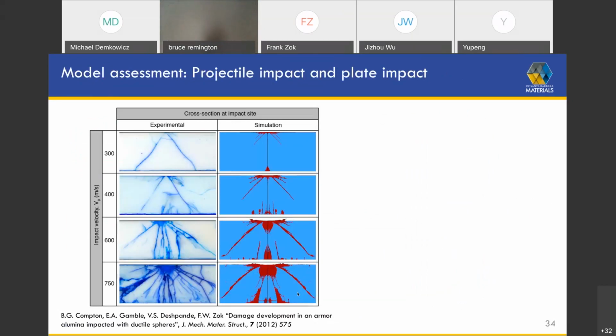Now, interestingly, when you're analyzing problems of this type, you can actually get quite a long way using quasi-static solutions, using Hertzian contact mechanics. This can be used, for example, in calculating the maximum impact force at a given velocity, and that maximum impact force will depend on the projectile size.